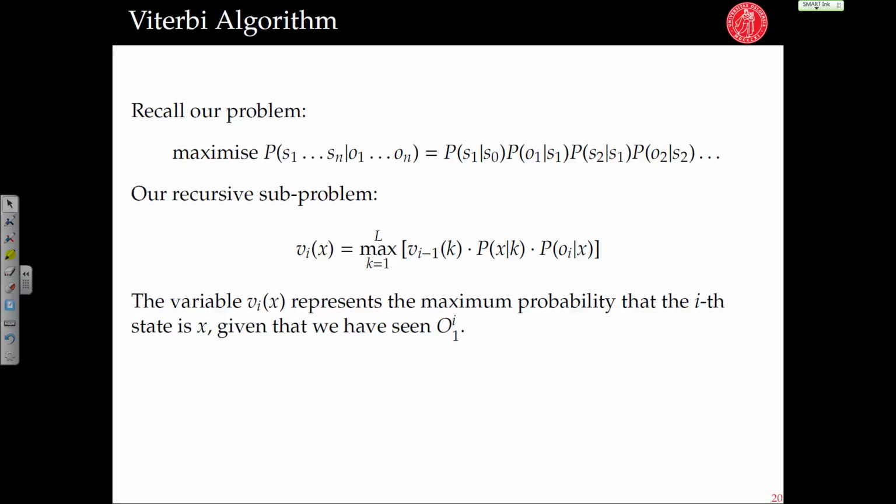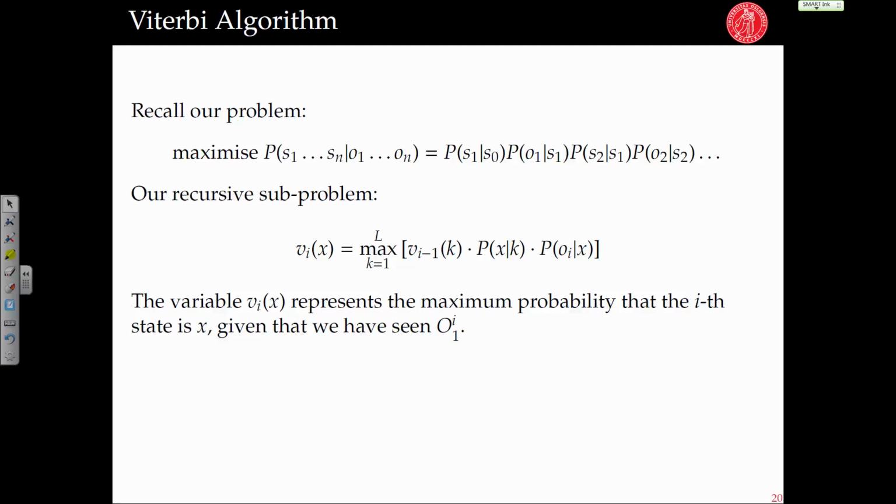So we introduce a variable vi of x, and we define this variable as the maximum probability that the ith state is x, given that we have seen the observation sequence up to the ith point.